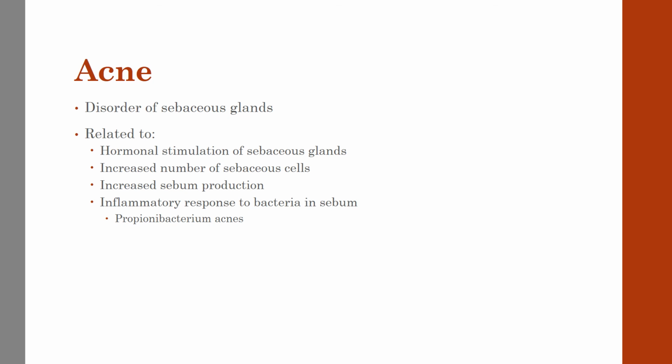But when it gets in, you can see the consequences as inflammation, and what kind of lesion will you have with acne, you guys? Vesicle or pustule? I would call it not just a vesicle but a pustule, because it's filled with pus.